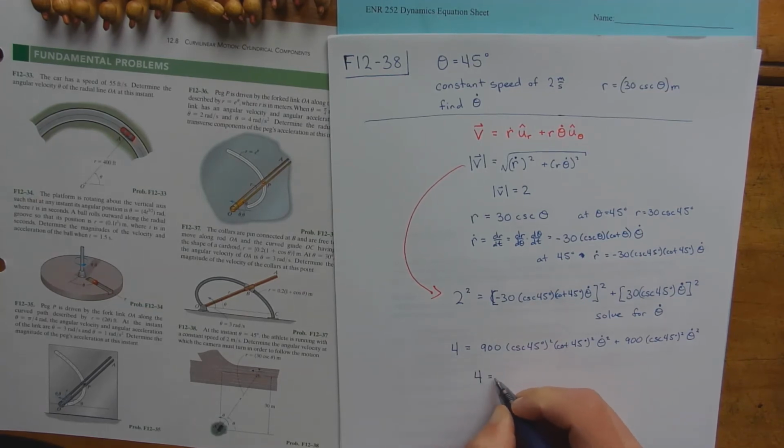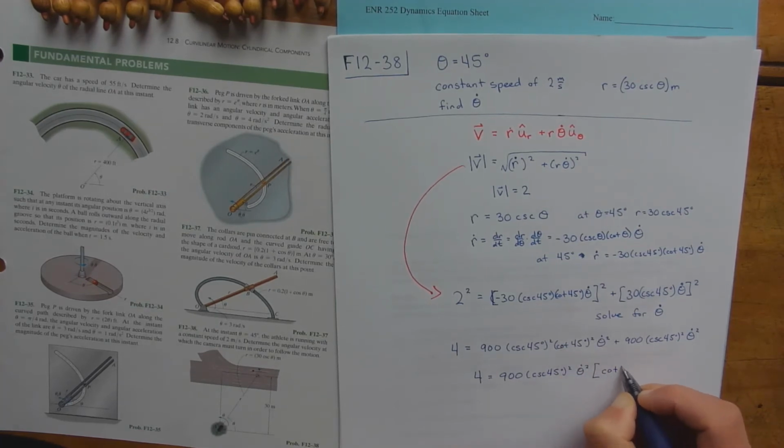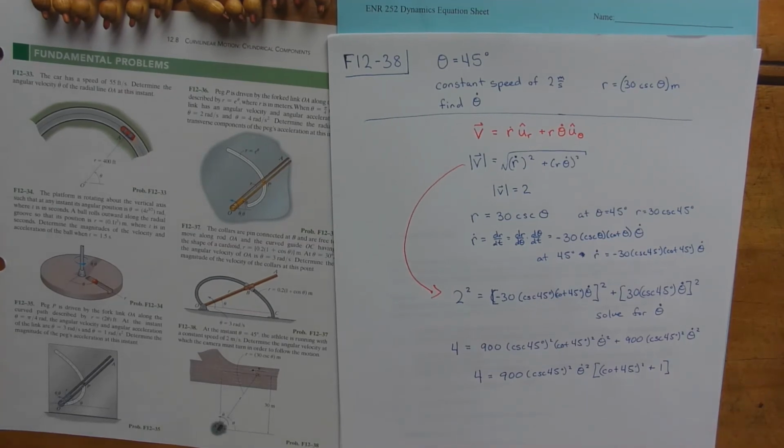So what I want to do to solve this is pull out 900 times cosecant of 45 degrees squared times theta dot squared, and if I pull that out of the first term, that leaves me with a cotangent of 45 degrees squared, and then pulling it out of the second term just leaves me with a 1. And cotangent of 45 degrees squared plus 1 is equal to cosecant of 45 degrees squared.